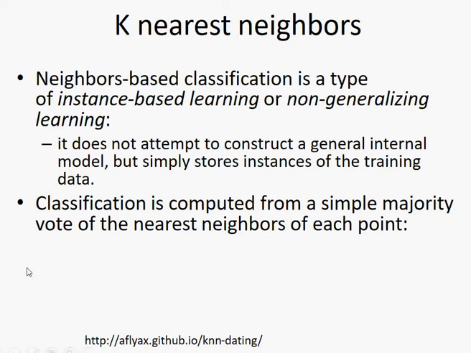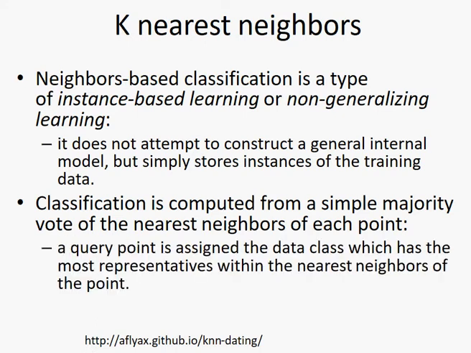Based on the value of k, which implies how many nearest neighbors you want to use, it will look at those closest neighbors, find out what class they belong to, and then do a majority vote with those nearest neighbors. We'll be using the scikit-learn implementation for this.